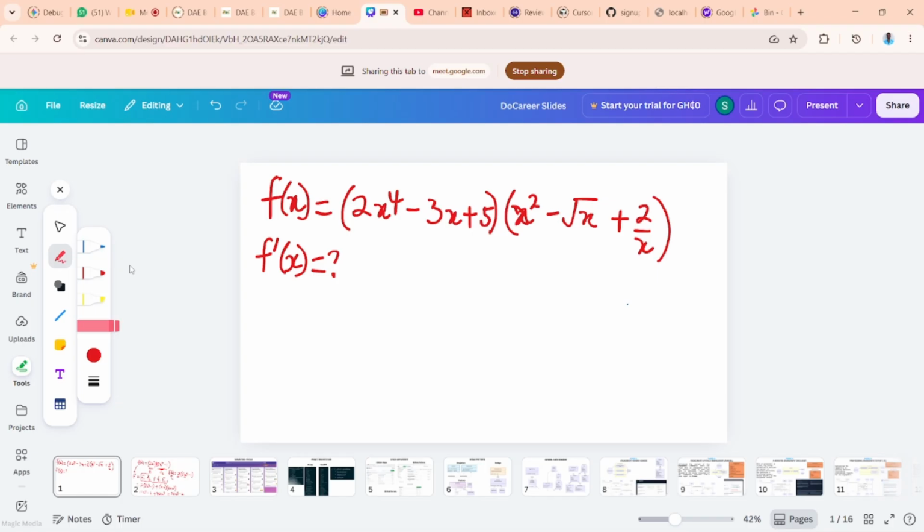No, it's 2x to the power negative 1. Yeah, 2x to the power negative 1. I have a different thing in my book.